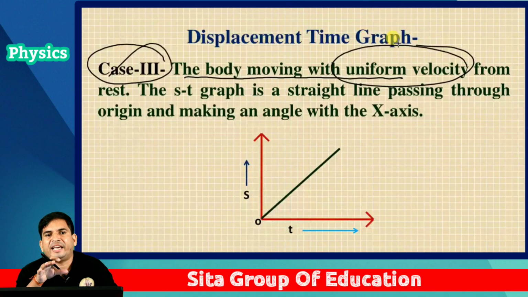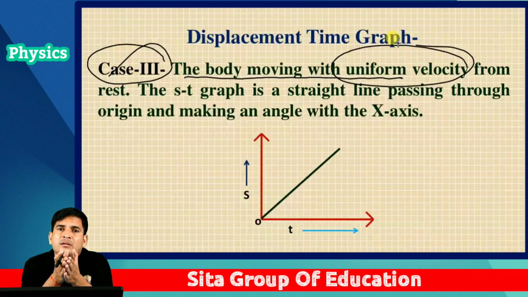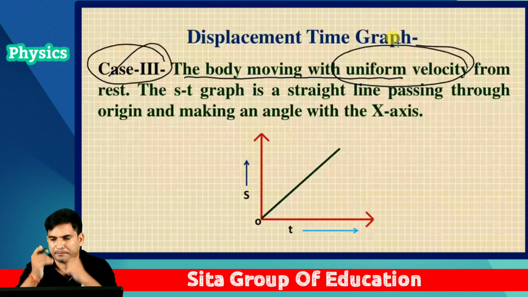Such type of velocity is called uniform velocity. Velocity means speed with direction. In equal time intervals, equal displacement covered by the object is called uniform velocity.